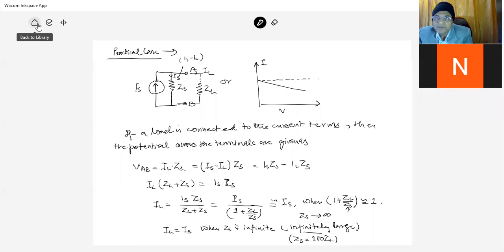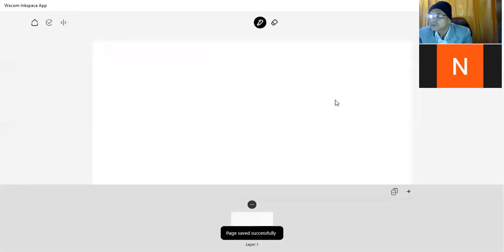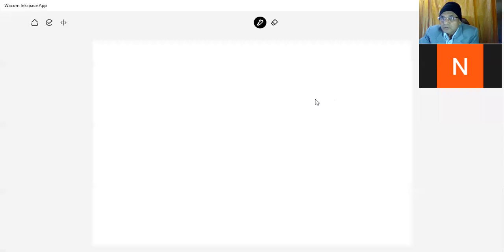We can also have another kind of source, that is called voltage source. The other is known as voltage source.